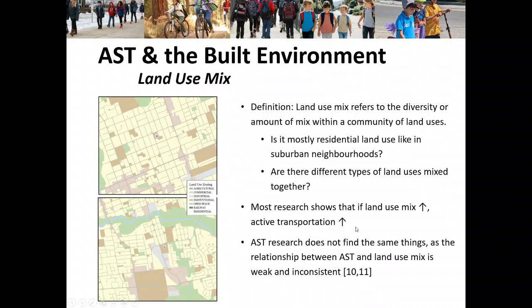Most research shows that if land use mix increases, active transportation increases. And this is for the general public. But for kids, this is a little more confusing because there are a lot of inconsistencies. Some papers show the same relationship as with the general public, but we also see some negative relationships, where the more mix there is, the less likely kids are to actively travel.